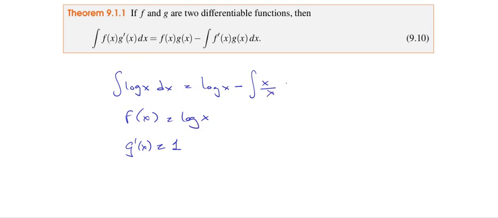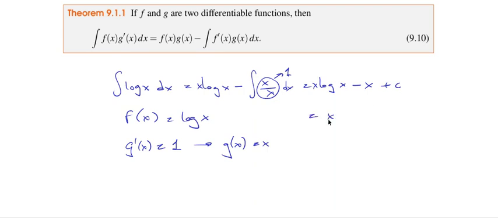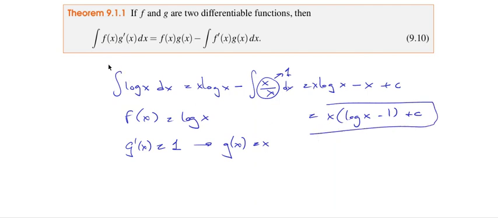So this is the primitive of 1, so this is just x, sorry, because this is times g, not times f. x times the logarithm of x minus x plus c, or in other words, x times the logarithm of x minus 1 plus c. This is the primitive of the logarithm.